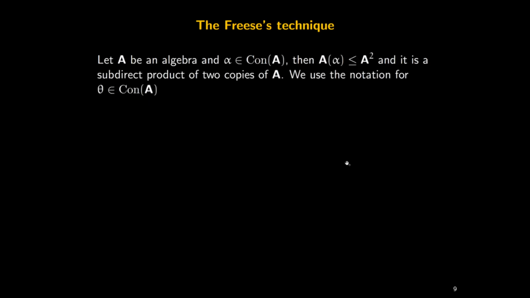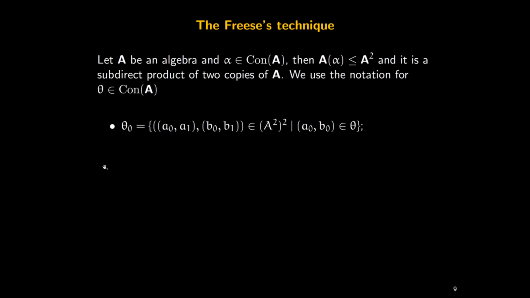So just to start with the example that I will show, that was in the paper of Freese of '95, let's also introduce the notation that I will use about the congruence lattice of A_alpha. So the algebra, or the subalgebra of the direct product A squared, considering alpha as the base set.